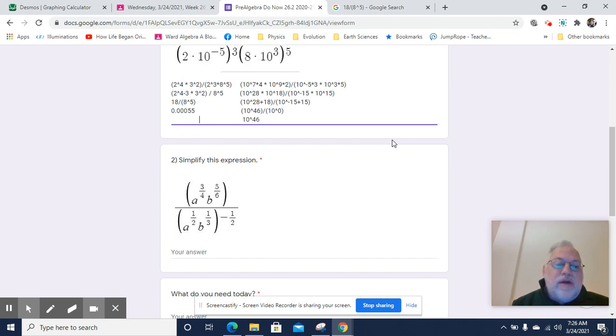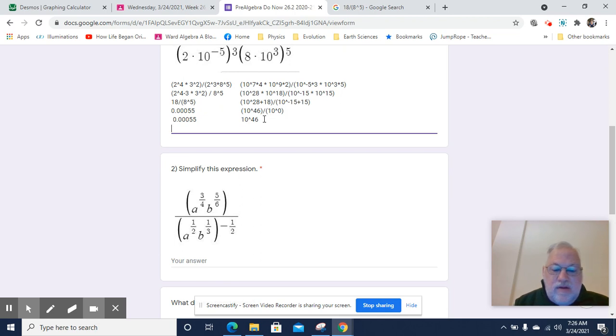And over here, I've still got my 0.00055. Let's move that over. Now I need to move my decimal 1, 2, 3, 4 places. I have to make this 10,000 times bigger, 10 to the 4th times bigger, so 5.5.